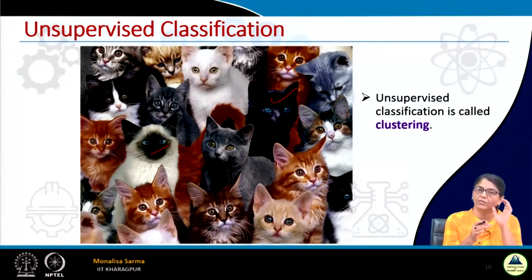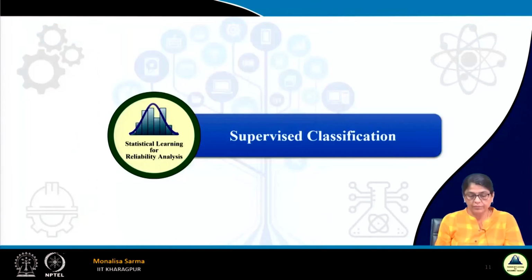The cluster label is not known, how many classes there will be is not known. We just try to make groups with the characteristic that objects within the group are very much similar, compared to the objects belonging to the other group. Okay.